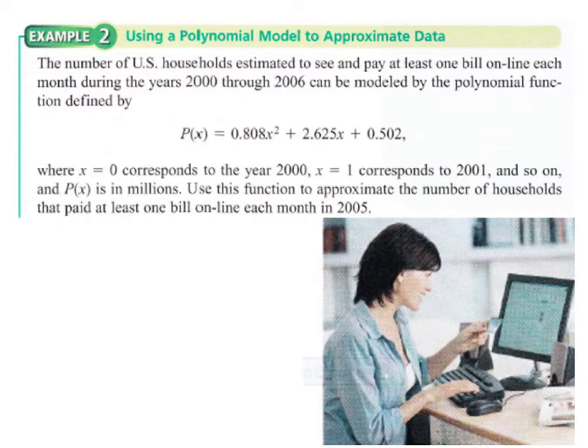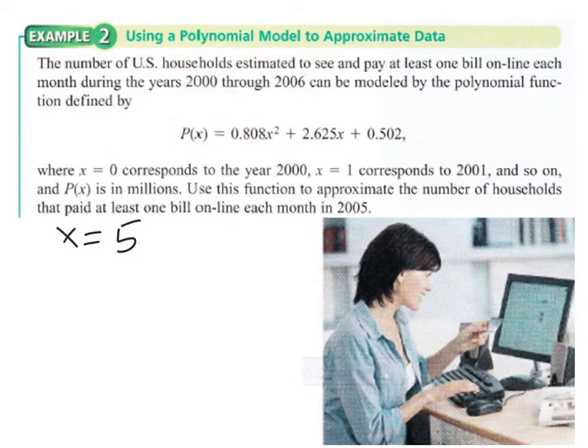bill online each month. They want us to use the function to approximate the number of households that paid at least one bill online each month in 2005. So, starting off with that, 2005 means that x is 5. So x is 5.